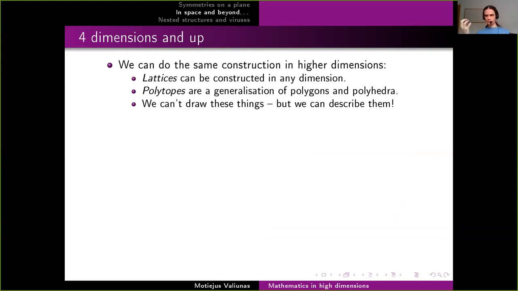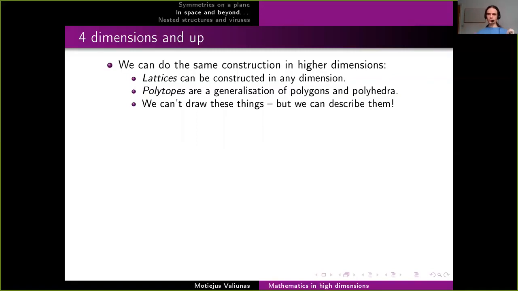Then what happens? So first of all, we need to define things. It's not that easy to see things now that we cannot draw them, but using mathematics, we can describe the same things that we saw in the pictures in 2 and 3 dimensions. We can describe them in any dimension we want. So we can describe in particular what it means for a lattice to exist.